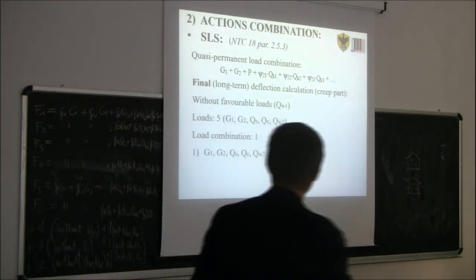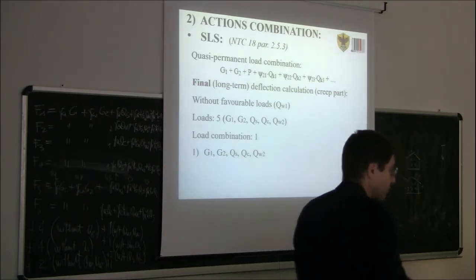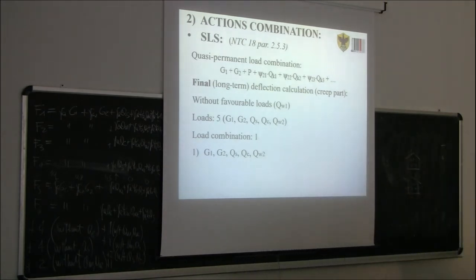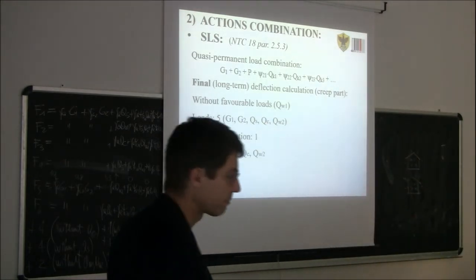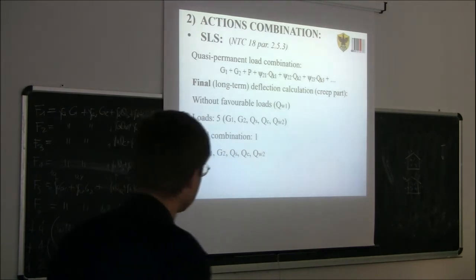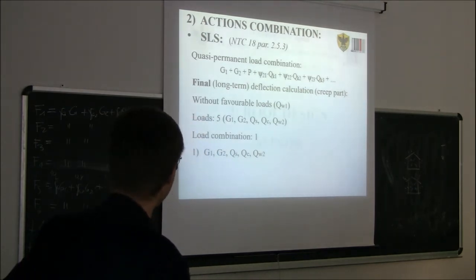But of course the load will be different, because the value of the load for the purlin will be different compared to the value that we have on the truss. But the principle, so the list of the load combinations, will be the same in all the cases. Is this clear? Again, any question about what we have seen so far? It's a bit awkward, I would say, but this is what we should be doing.